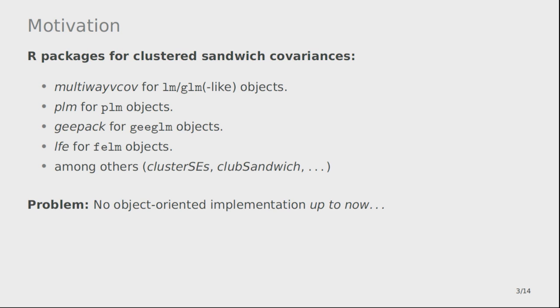So in a nutshell, there was no object-oriented implementation for cluster covariances in R that allowed plugging in model objects from, in principle, any class. Using the implementation of multiwayvcov as a starting point, a new object-oriented implementation was established and integrated in the sandwich package, so that it is now possible to apply clustered covariances to more general models, including, for example, zero-inflated, censored, or limited responses.